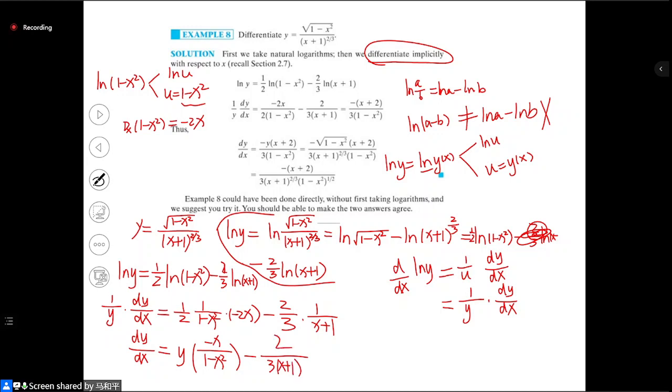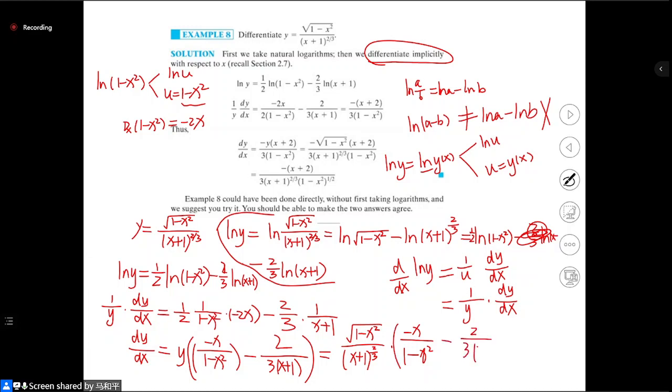Then we replace y by the square root of (1 minus x squared) over (x plus 1) to the 2 over 3, and simplify.